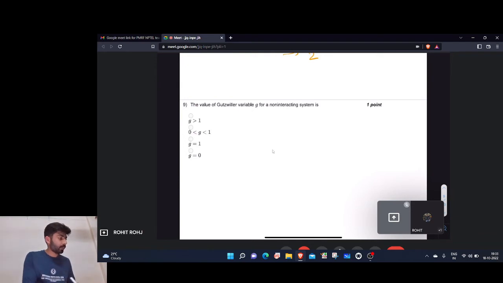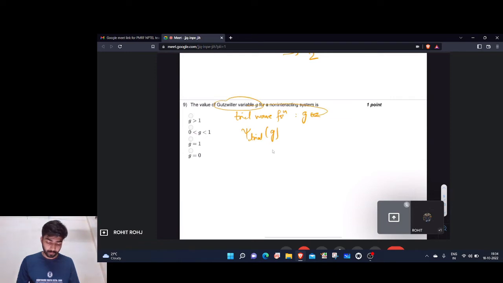Gutzwiller proposed this variational method to estimate the Hubbard model in 3 dimensions, and the trial wave function in this particular approach is given by, where G is known as the Gutzwiller variable.